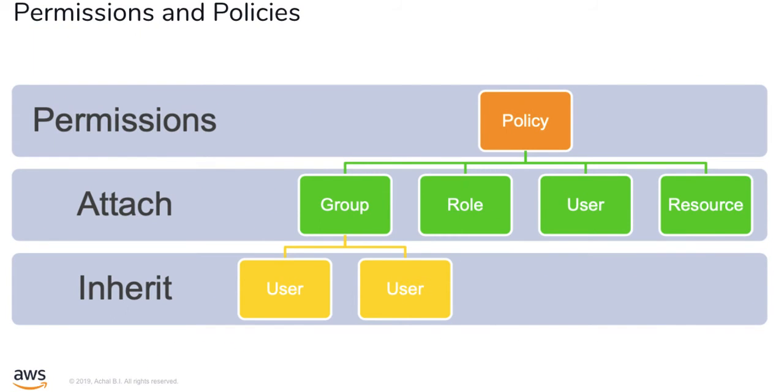So just to recap, we have policies. Policies have permissions in them, and these policies can be attached to groups, roles, users, and resources, any resources. And for a group, users who are under this group will inherit the same kind of permission that is attached to this policy.